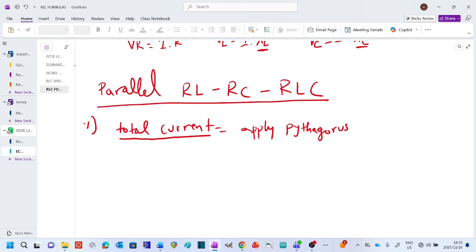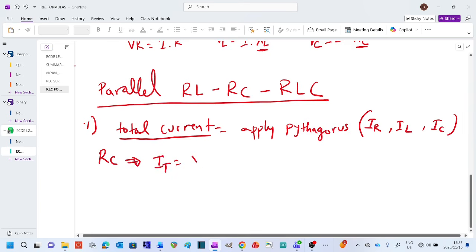But first of all, you need to be able to determine the value of each one of them. It can be IR, the current flowing through the resistor, or IL, the current flowing through the inductor, or IC, the current flowing through the capacitor. You should be able to define all of them. If you are dealing with the RC circuit and they ask you to determine the total current, the total current is going to be a square root.